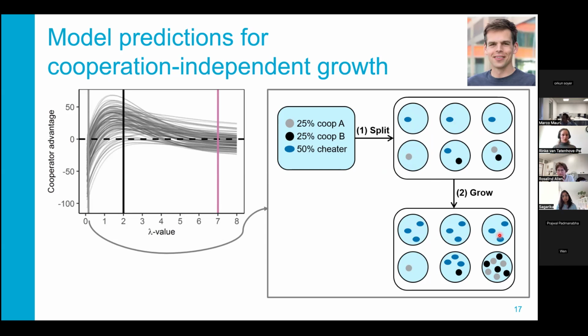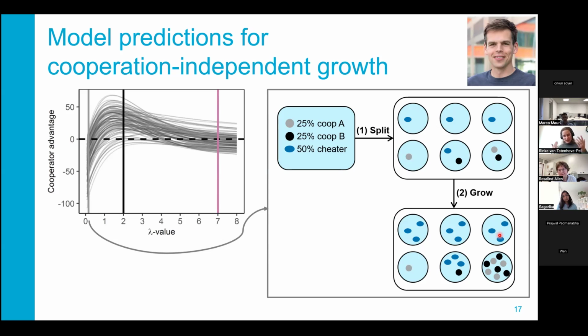But what we see in the model is that when we allow the single cells to grow, for example to identify negative interactions, so you have a strain that can grow by itself, but if another one is present, it cannot grow anymore, so you have an inhibition, then it is difficult for the model to accurately predict the parameters, because a lot of the signal in your final fractions is now caused by this single cell growth.